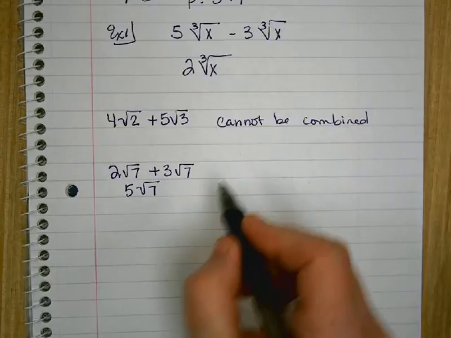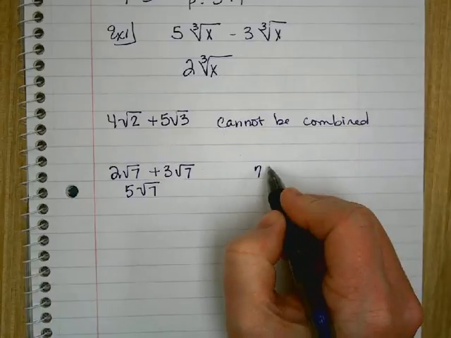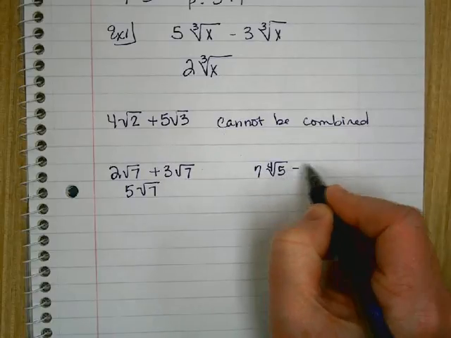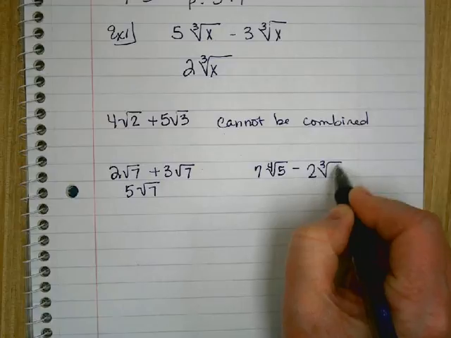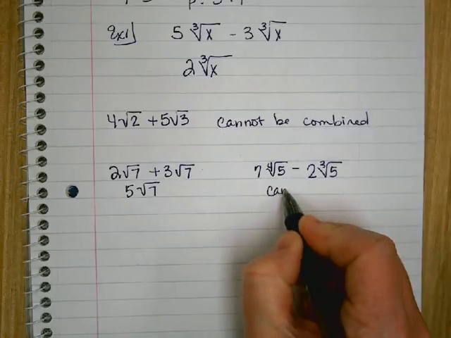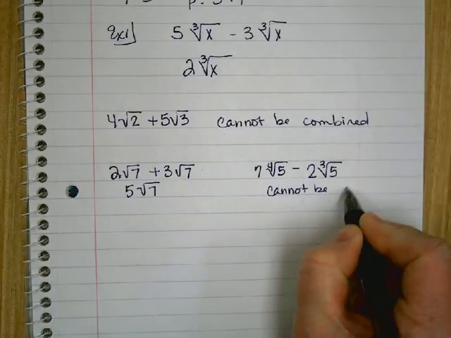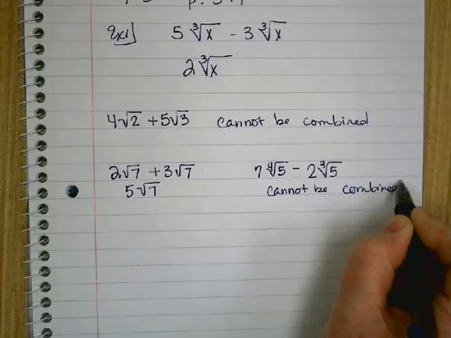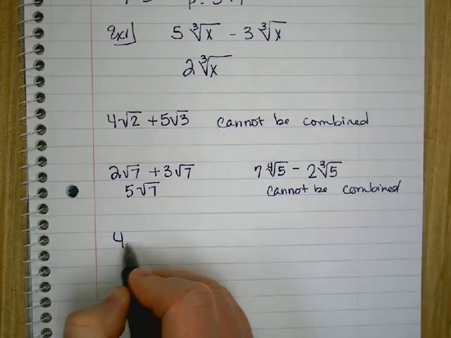The next one is 7 times the fourth root of 5 minus 2 times the cube root of 5. What do y'all think about this one? Cannot be combined. The indexes were different.